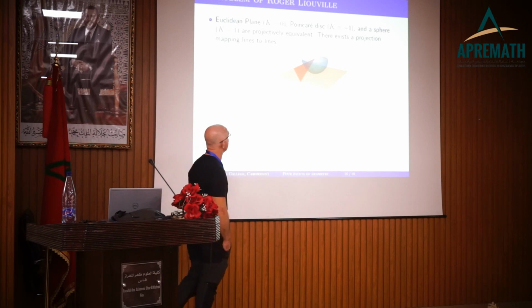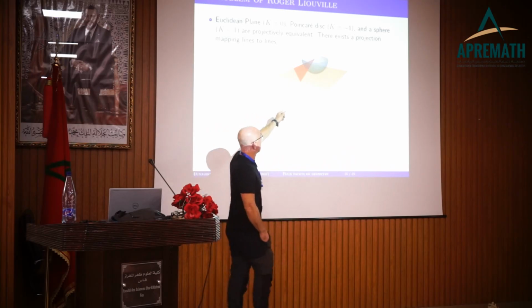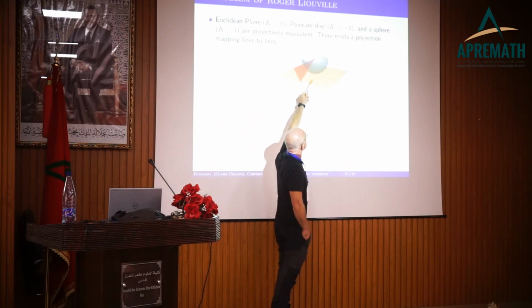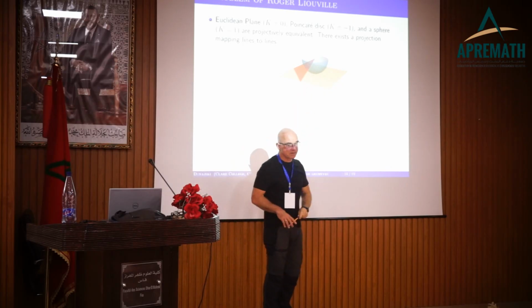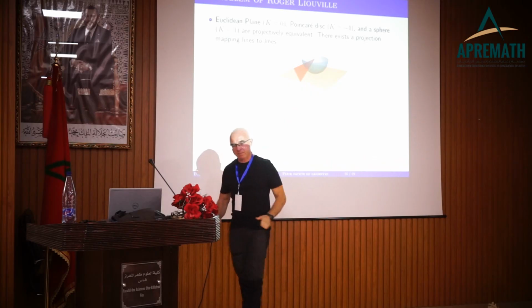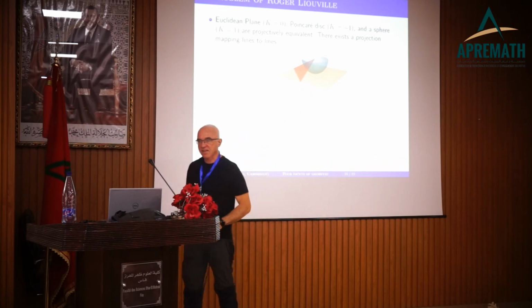So here I'm giving you one type of such a projection, a central projection from a sphere. I'm drawing a semi-sphere here, and it's tangent to this yellow plane. I'm picking the center of this sphere, and I'm looking at the plane through this center.